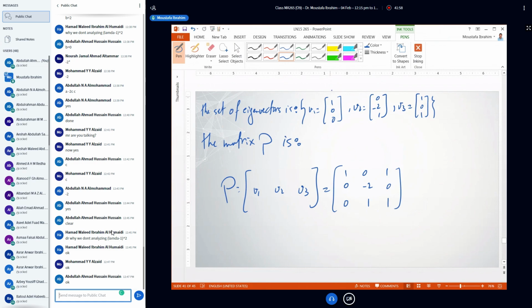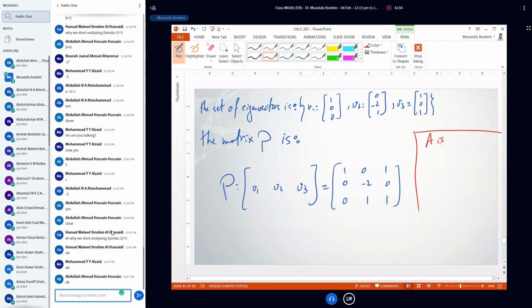And who knows what's the matrix D? Here we know if A is diagonalizable, then A is equal to P D P inverse. P is this one. Who knows how to get the matrix D? What do we put, guys?